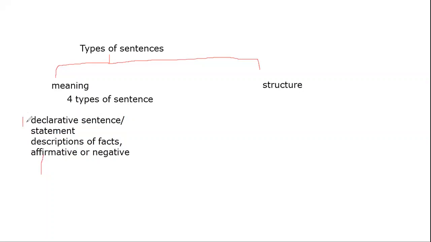This is the first type of sentence according to meaning. It is a statement or description, a declarative sentence होता है. It is a description of facts, which could be affirmative or negative. Now affirmative sentence की example हमारे पास है: she goes to college.